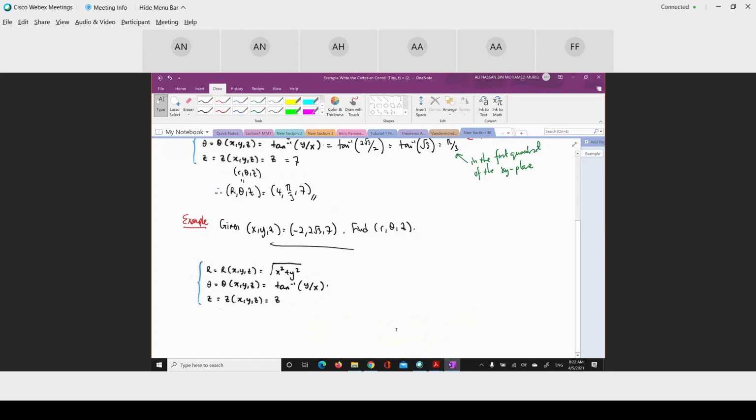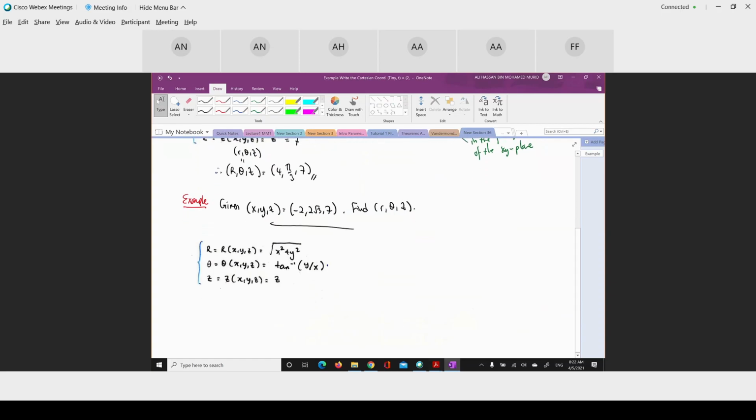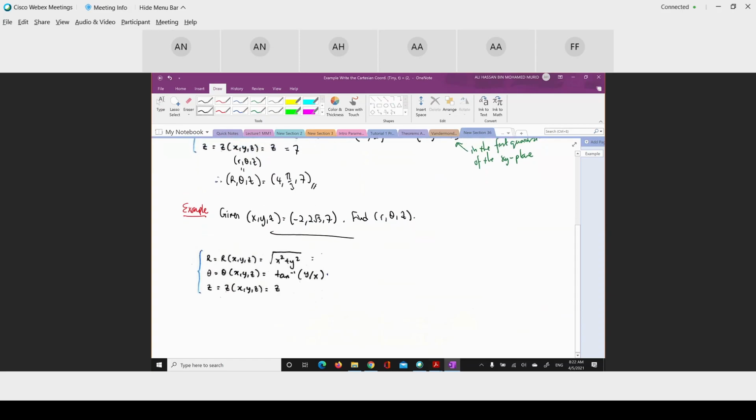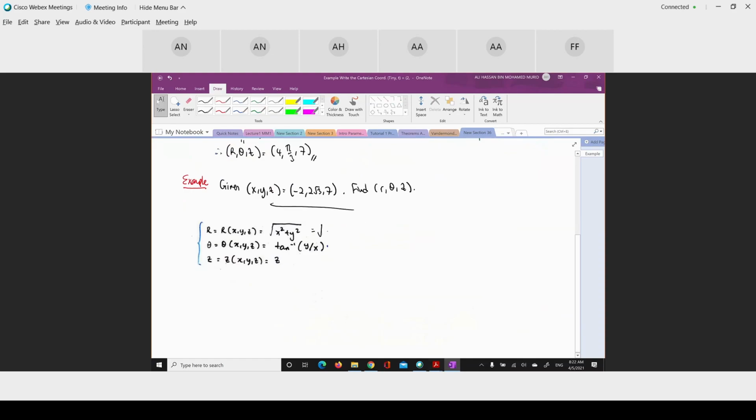So let's use this relationship once more. We replace x by -2 and y by 2 square root 3. The result is the same as before, right? Which is 4 plus 12, and square root of 16 equals 4.